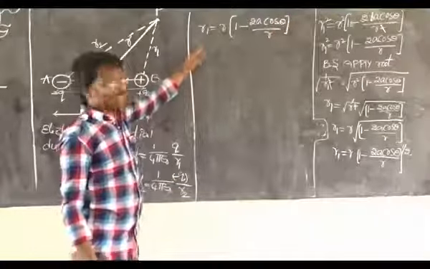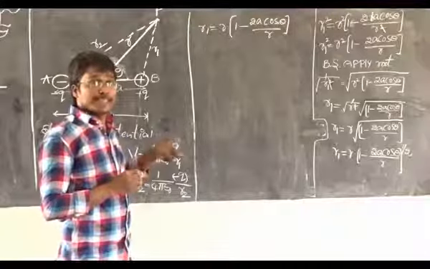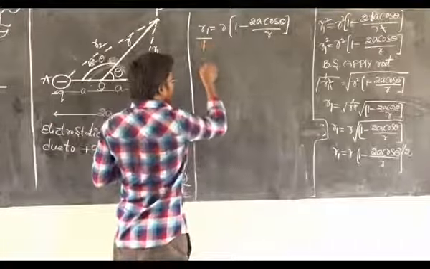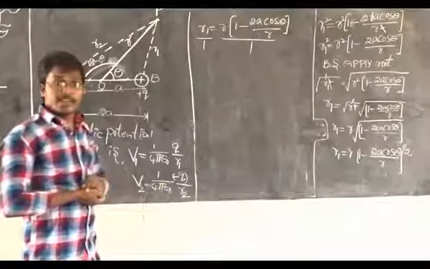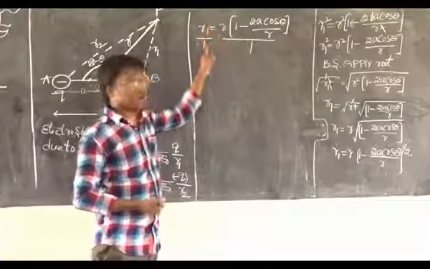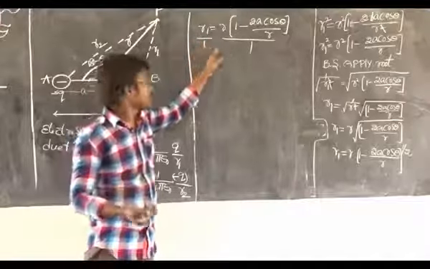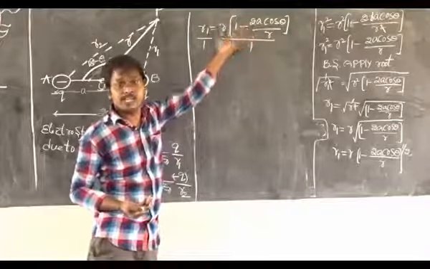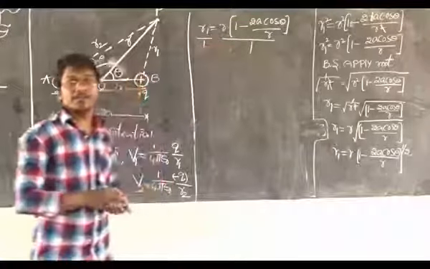Now in this term, both sides I am taking denominator 1, this side 1, this side also 1. Anything by 1 is the same value only, R1 by 1 is R1 only, so no change will become.